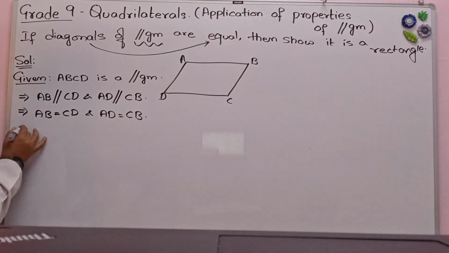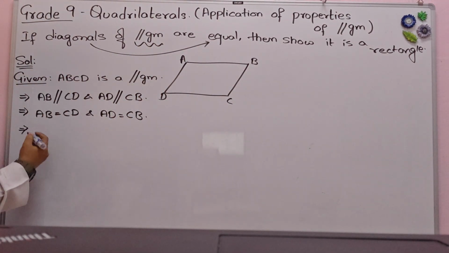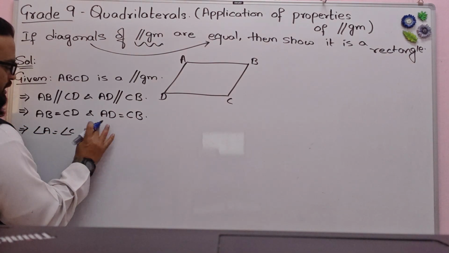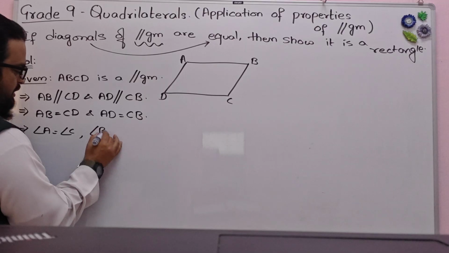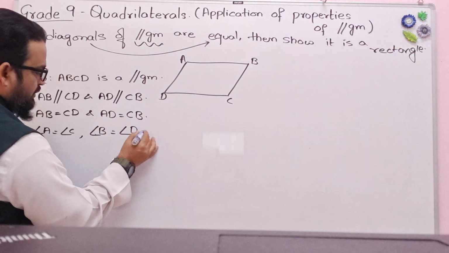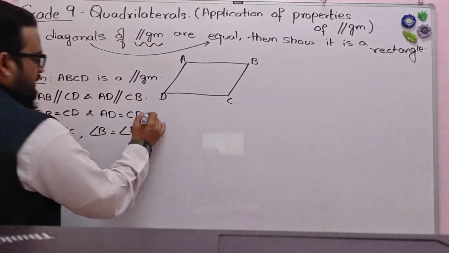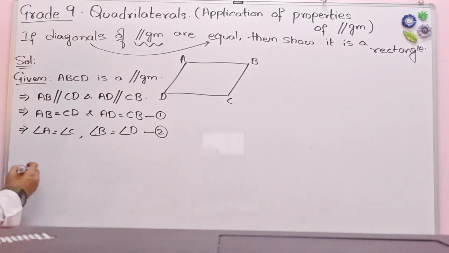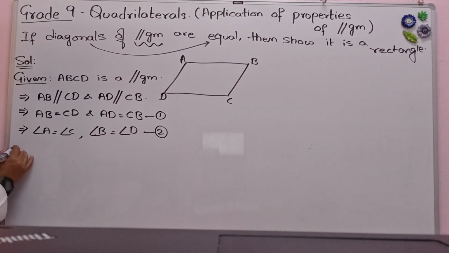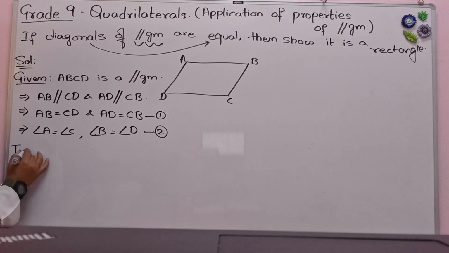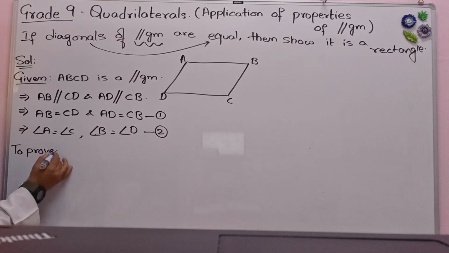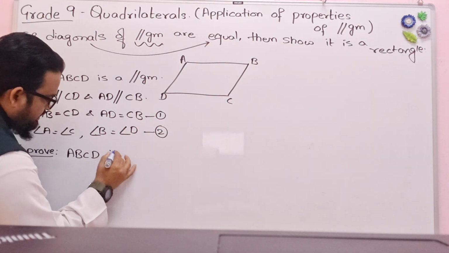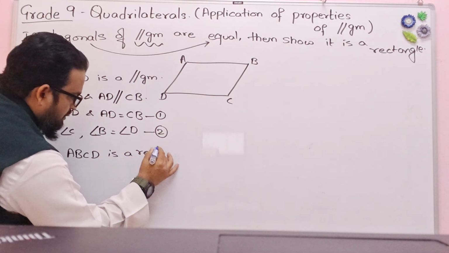So that implies, according to properties of parallelogram, angle A equals angle C, and I believe this will be useful. Okay, so let us write this as first equation and second equation. Now what you are supposed to prove? To prove ABCD is a rectangle.